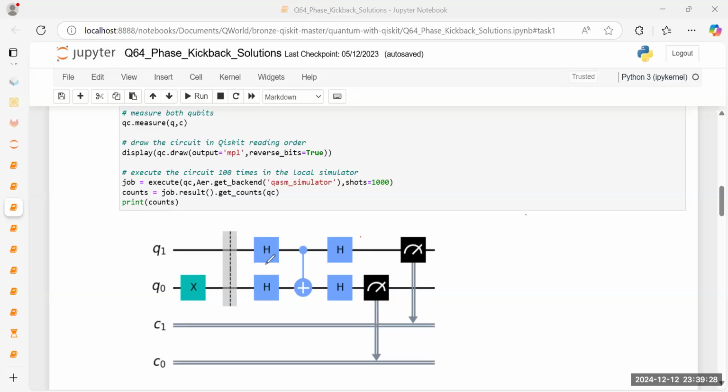But let's imagine when we initialize our qubits, this is not the case, but let's imagine they all started off with a 1 state. If we were to apply an X gate here, we're going to get 1, 0. So this is not a constant operator, because for a constant operator, regardless of what you start off with, you're always going to end up with something.